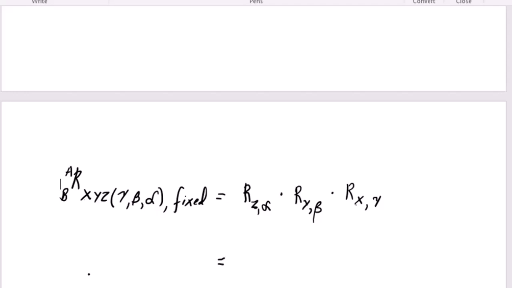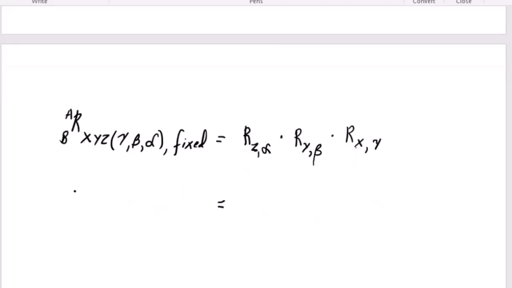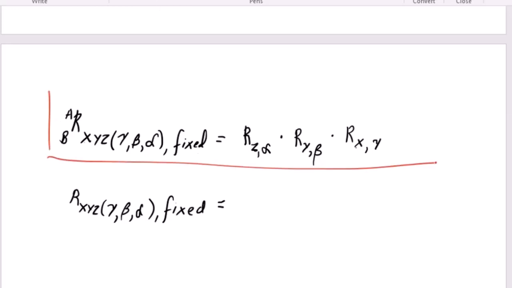That is why, take note that the R, X, Y, Z, alpha, gamma, beta, alpha, fixed. So this is the equation.